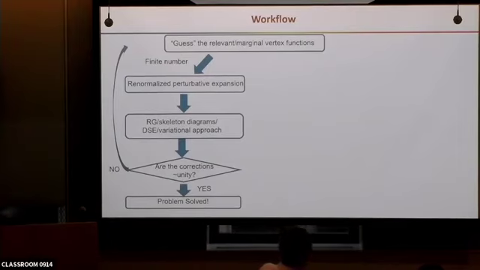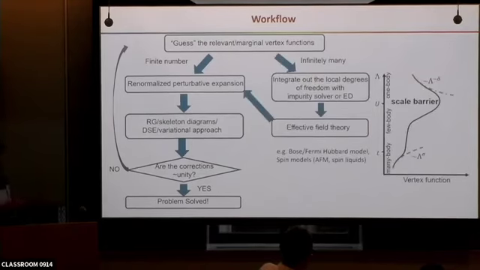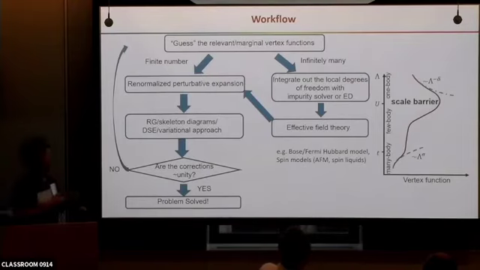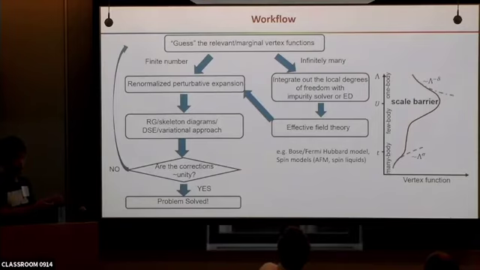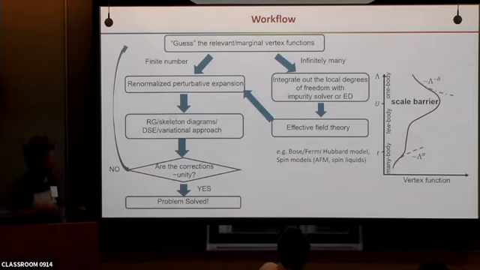And sometimes you are not lucky, and you will find there are infinitely many relevant parameters. This is actually very typical, for example for the Hubbard model, or Fermi-Hubbard model. As long as U, the on-site coupling, is larger than the hopping, larger than the bandwidth, then you will find the vertex function looks like this.